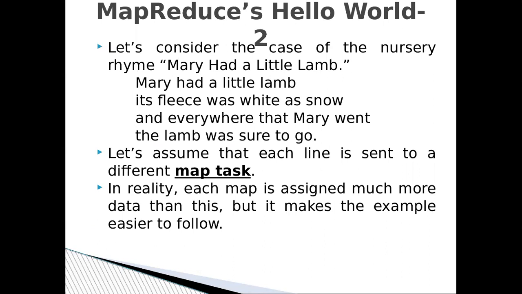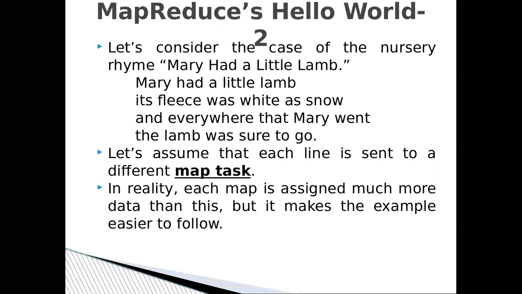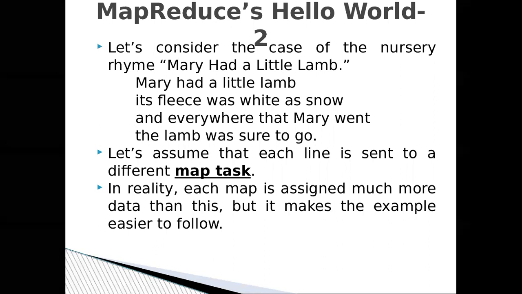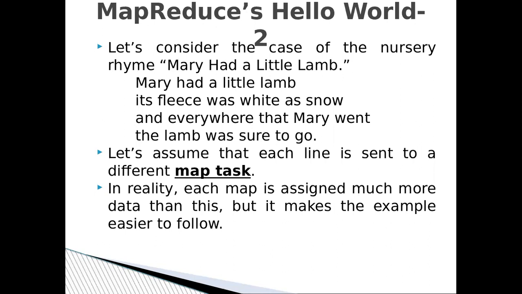You can assume that each line is sent to a different map task. In reality, each map is assigned much more data than this. For our example, we are considering that one map has a line of text. For example, map 1 will have Mary had a little lamb, map 2 will have its fleece was white as snow, like this. So my question is, if this is our input file, then how many maps are required?